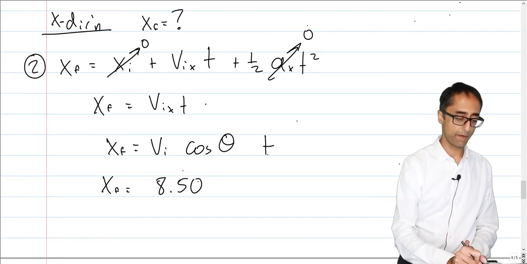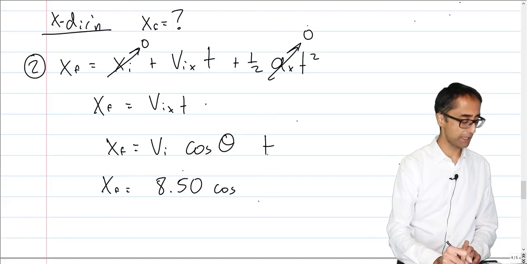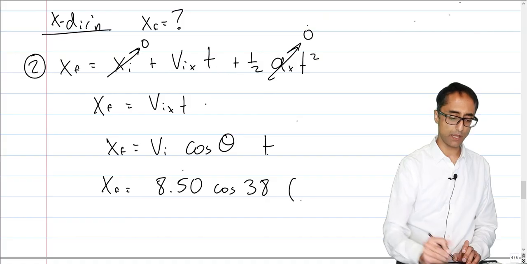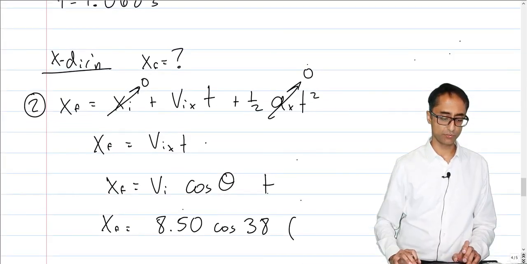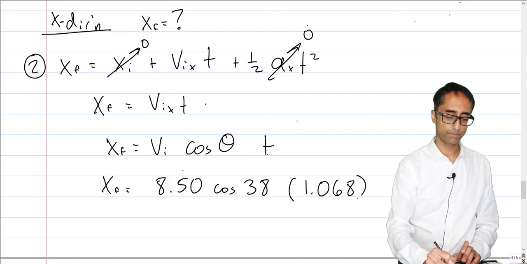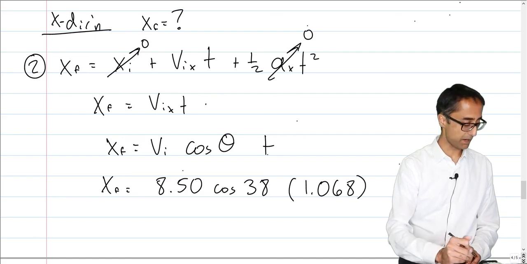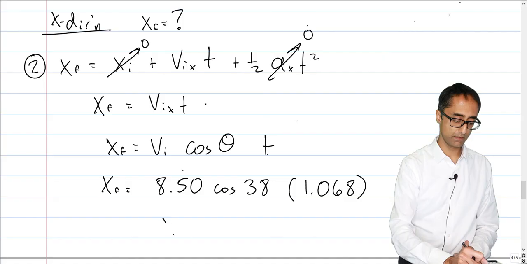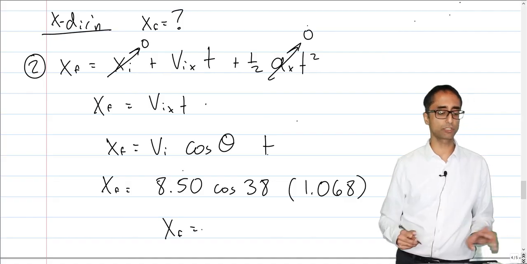Let's take 8.50 cosine of 38 times our time. What was that? 1.068. Giving us our final x position.